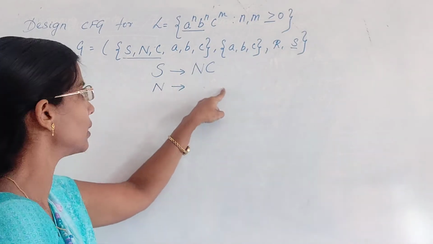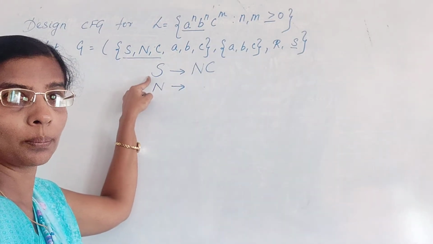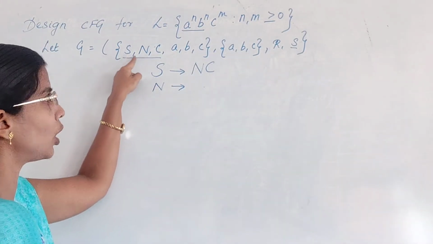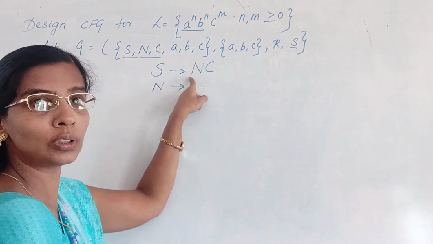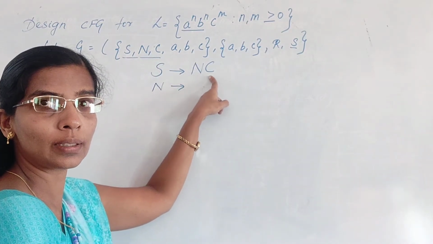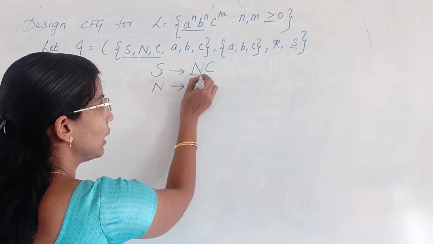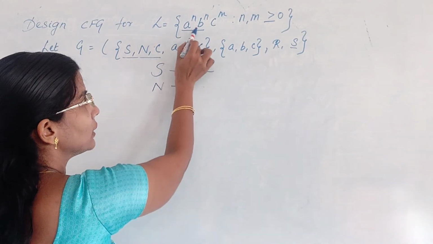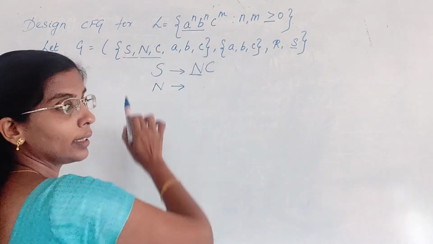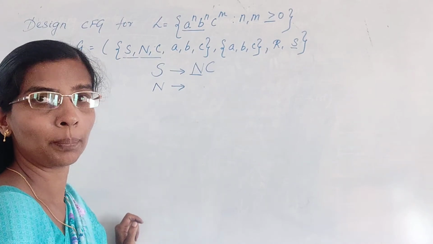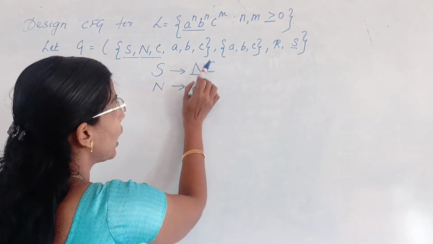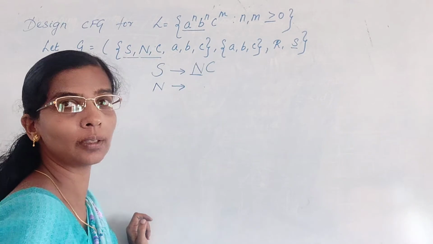S tends to NC. S is your start symbol. I have two more non-terminals. I use these two non-terminals here. So this N I use for generating this A and B. Both the lengths are same. A length and B length is same. This C I use to generate this C.